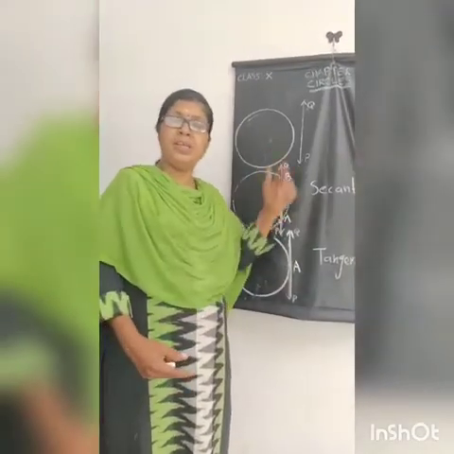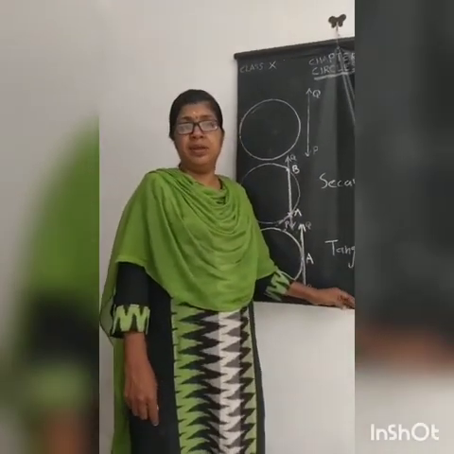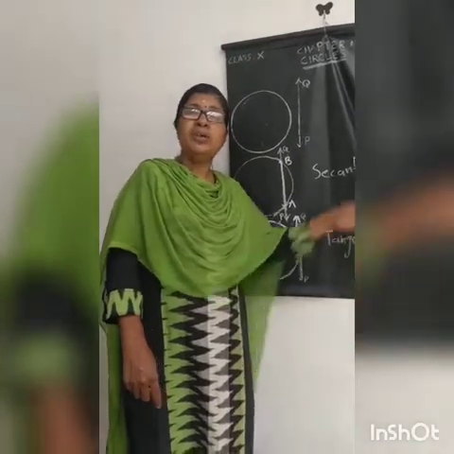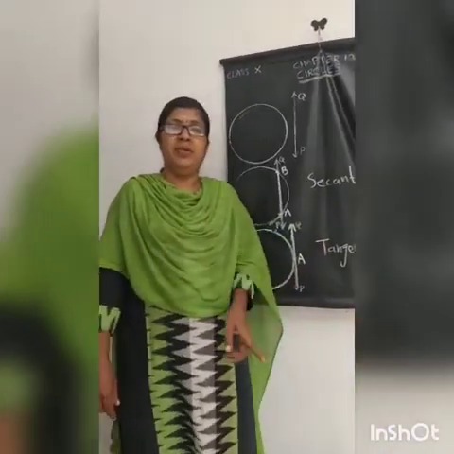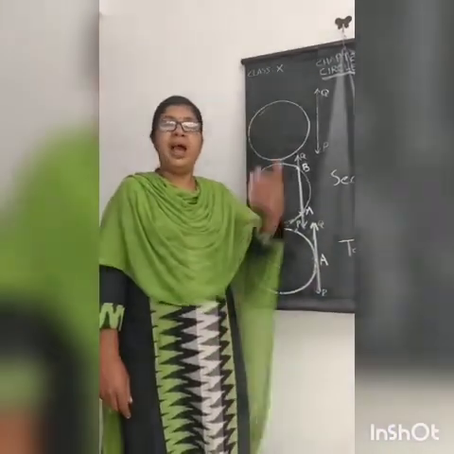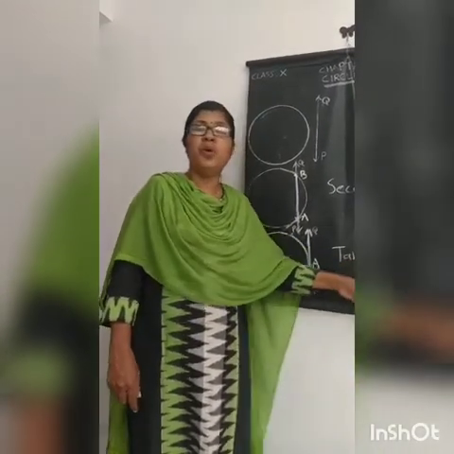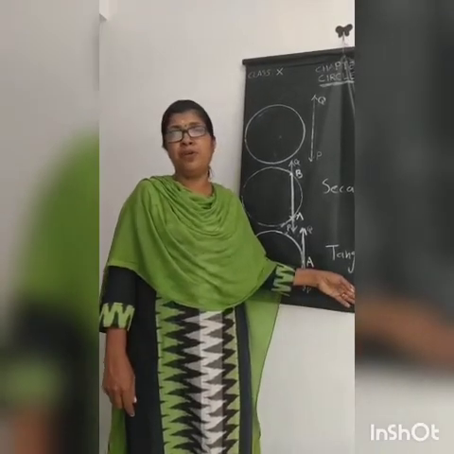The rope on either side of the pulley acts like a tangent. One more example, can you say? Your cycle wheel and a road. If the road is a straight line and the wheel is a circle, then the road acts as a tangent. These are some examples for a tangent.